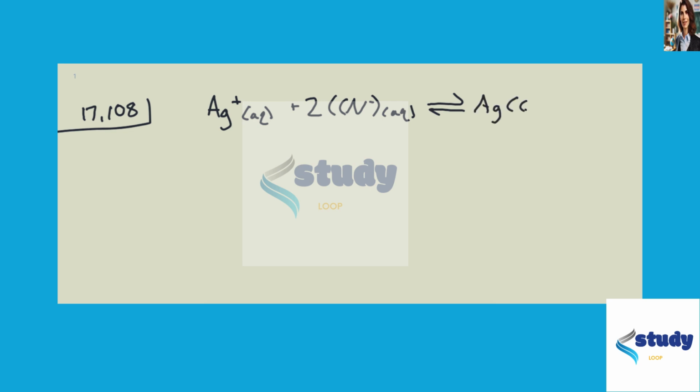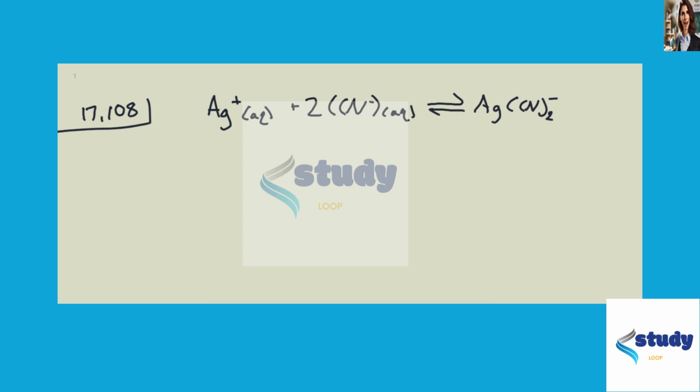Now we know this question is a complex ion problem because it's listed so in our book. So we can find data for this from the table in the book.